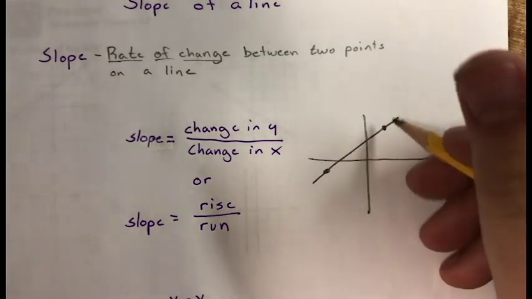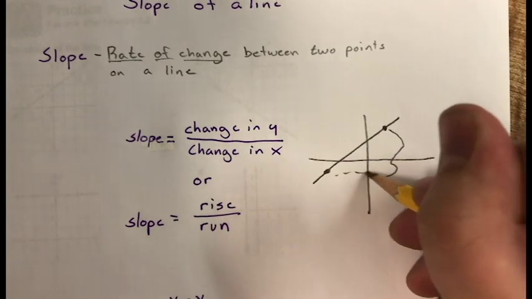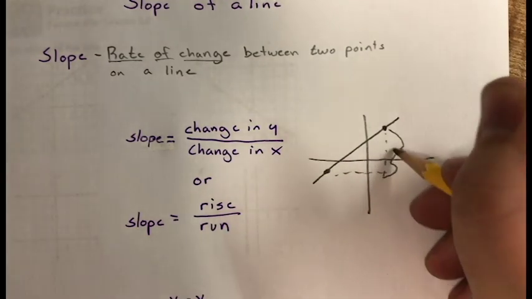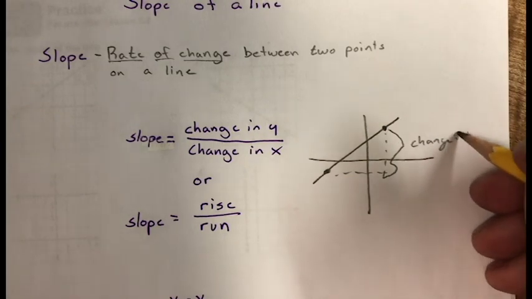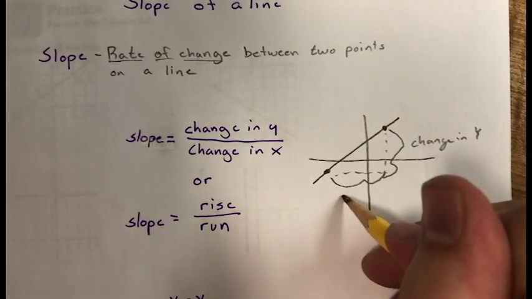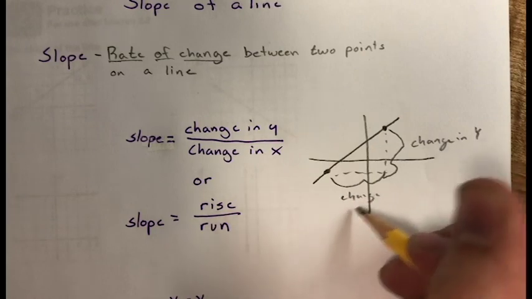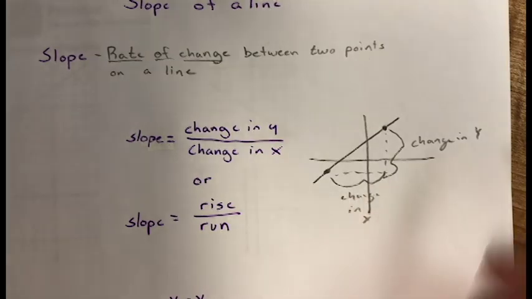This distance from here to here would be my change in y, and from here to here would be my change in x. It's my rise and run.